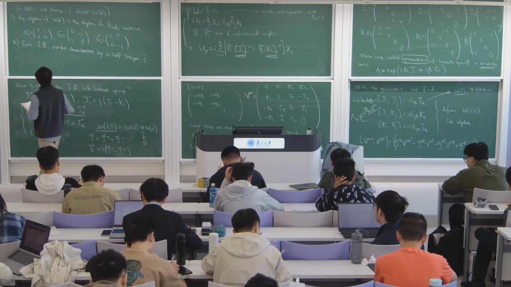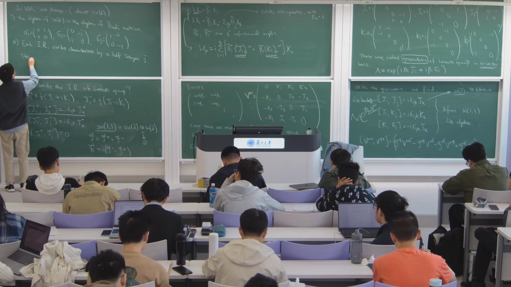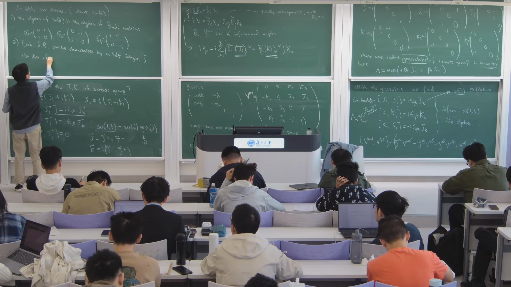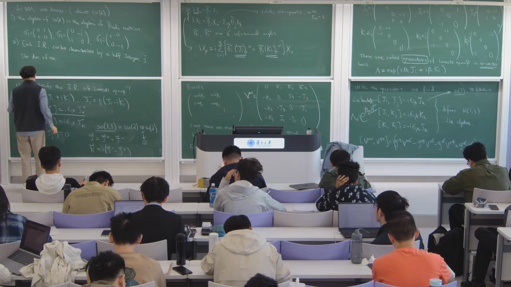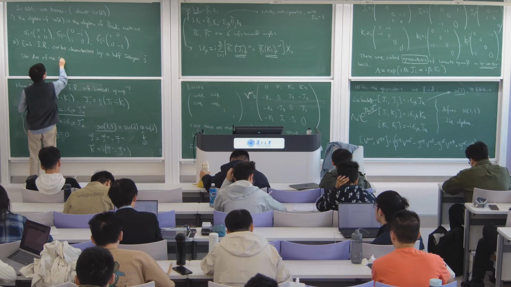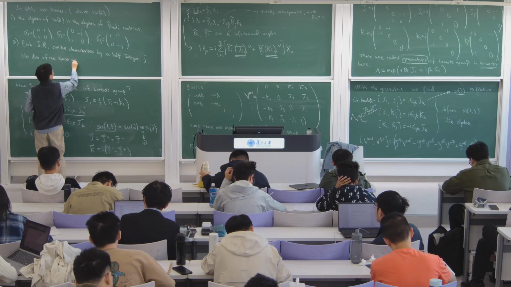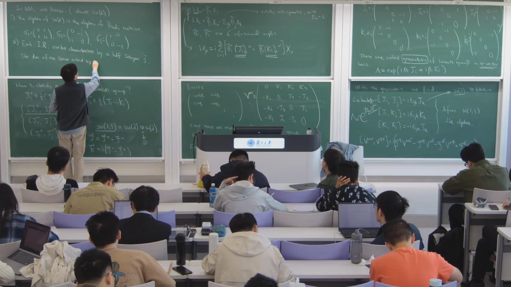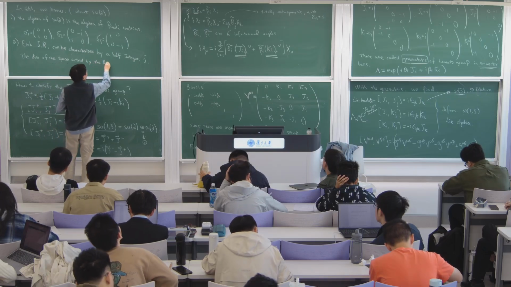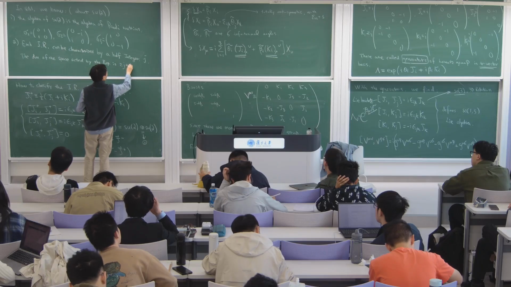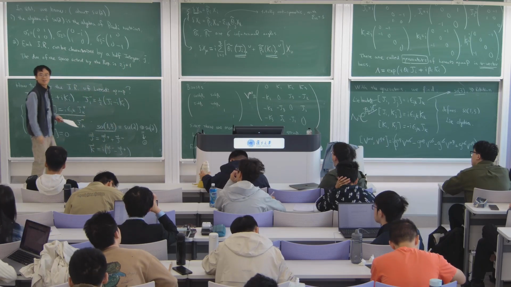And the dimension of the space acted on by the representation is 2j plus 1.